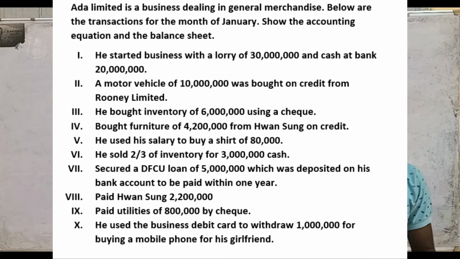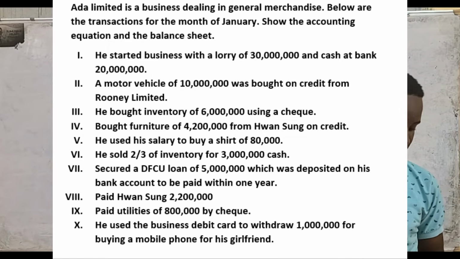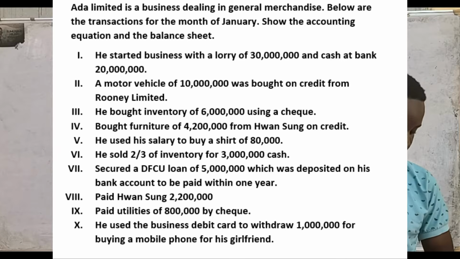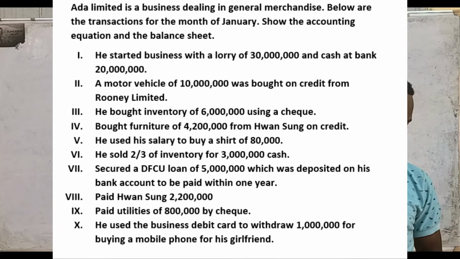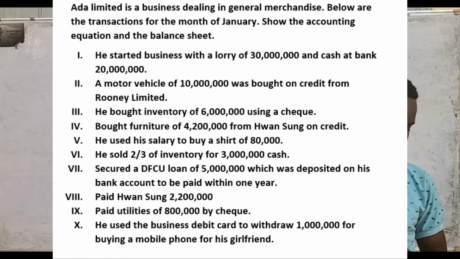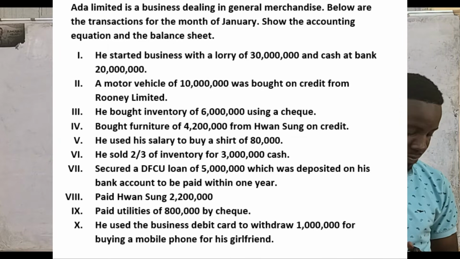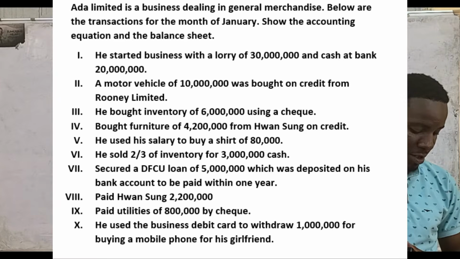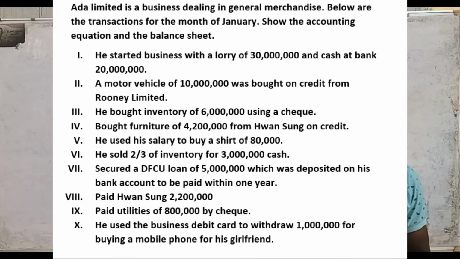So they are saying, one, he started business with a lorry of 30 millions and cash at bank of 20 millions Uganda shillings. Two, a motor vehicle of 10 millions Uganda shillings was bought on credit from Rooney Limited. Three, he bought inventory of 6 millions using a check. Four, bought furniture of 4,200,000 from Juan Sang on credit.